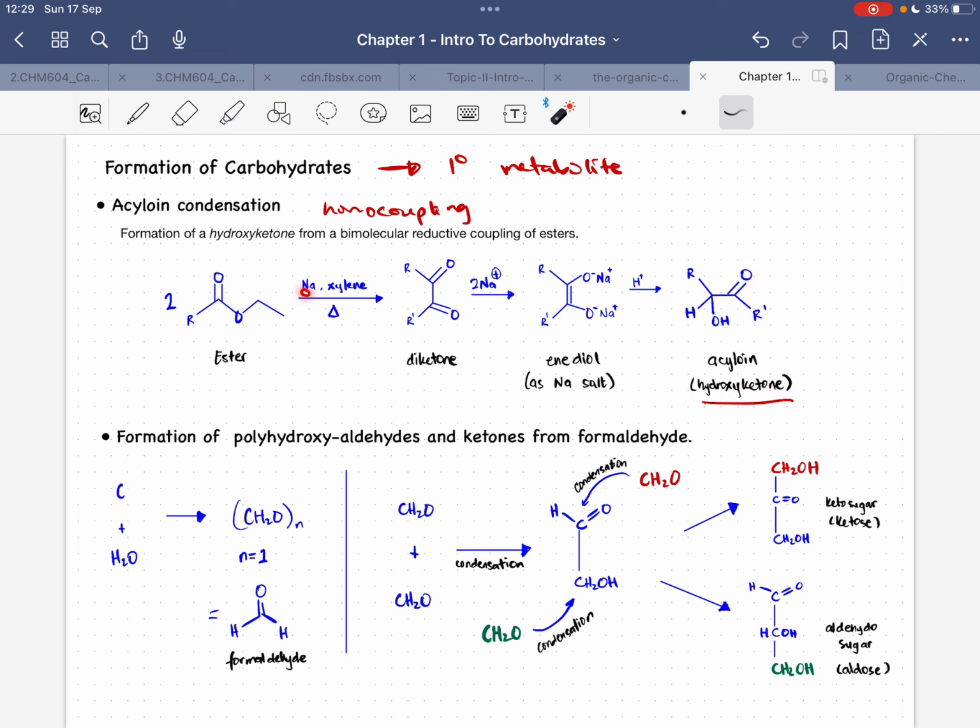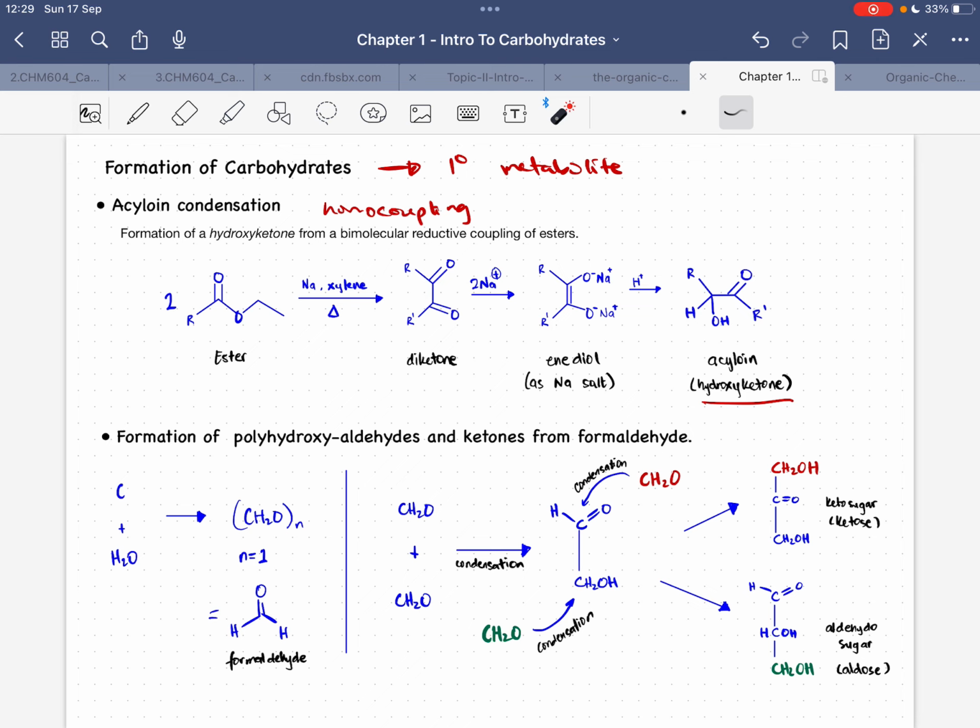It needs sodium metal and xylene as a solvent, and it also requires heat. So before the hydroxy ketone is produced, it goes through two intermediates, a diketone or an enediol in the form of a sodium salt. I will not discuss the mechanism because it is a radical type mechanism. The important key takeaway is that the mechanism of formation of carbohydrates is the same as the acyloin condensation.